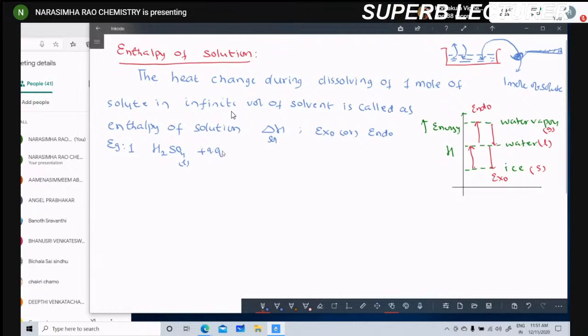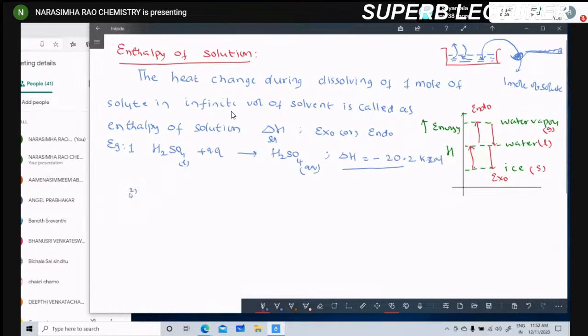Water gives rise to aqueous sulfuric acid, H2SO4(aq). For this process, delta H solution is minus, meaning exothermic, 20.2 kilocalories per mole. So it is an exothermic process.